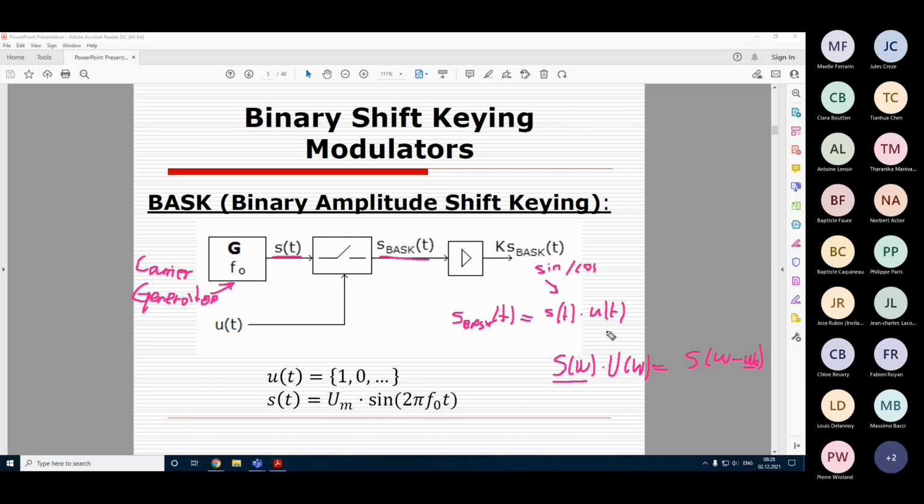So that was the Fourier transform property, and we are just using that as a direct approach.